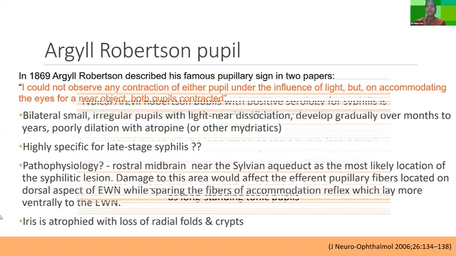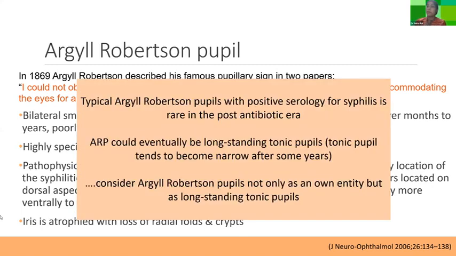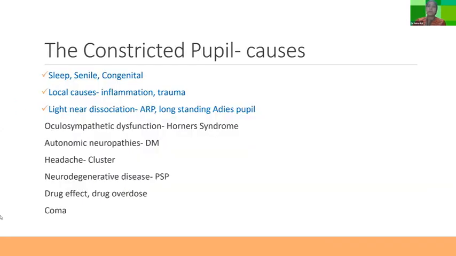Typically, Argyll Robertson pupil with positive serology for syphilis is rare at present in the post-antibiotic era. Argyll Robertson pupil could eventually be a long-standing tonic pupil because tonic pupil tends to become narrow over some years. So consider Argyll Robertson pupil not only as its own entity, but also as an entity for long-standing tonic pupils.